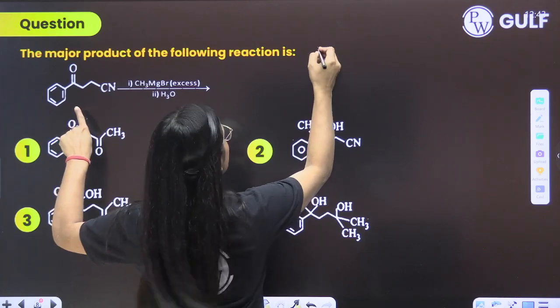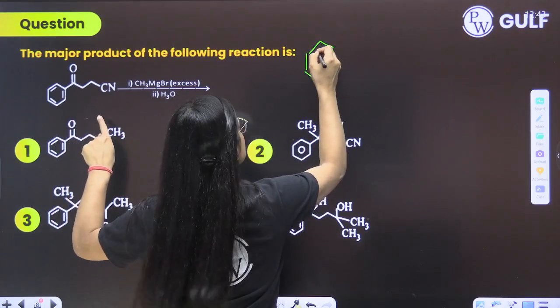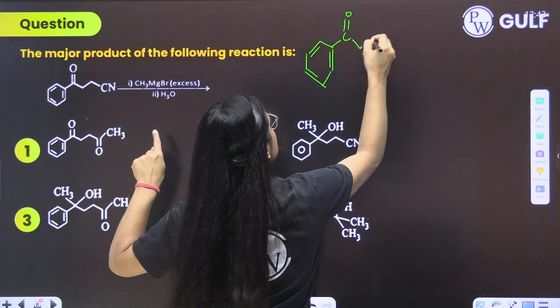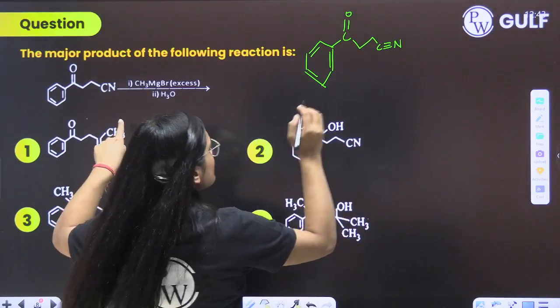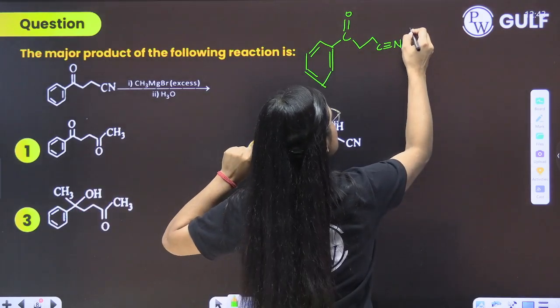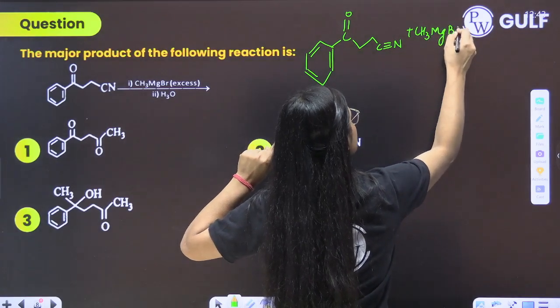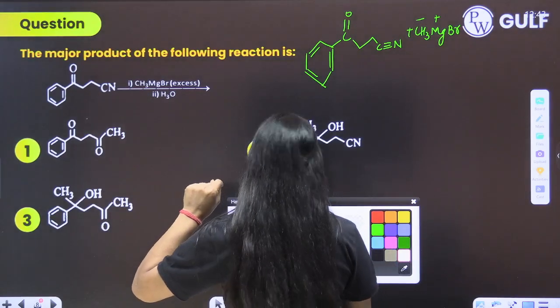Here, this is your benzene ring. This is C double bond O, C triple bond N, right? First you will carry out its reaction with CH3-MgBr. In CH3-MgBr, this is positive and this is negative, so this is going to attack here.